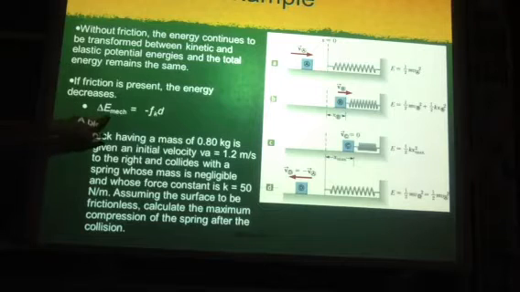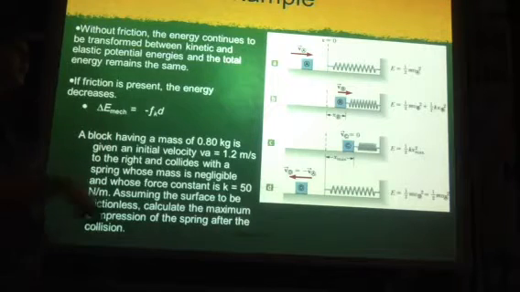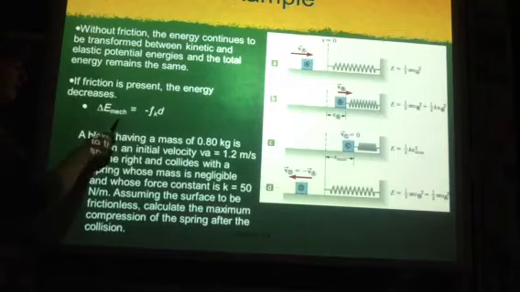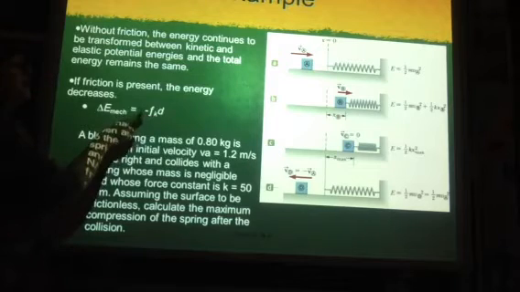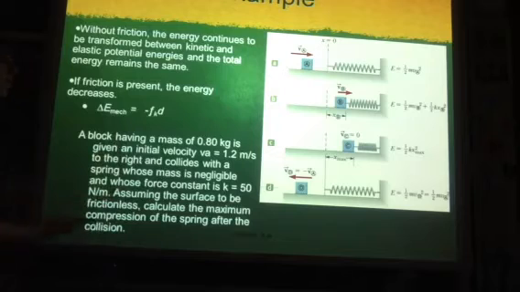So my change in mechanical energy, which is just the sum of the kinetic energy plus the sum of all of the potential energies, is equal to negative Fk, which is just my force of friction, times the displacement. So if we have friction present, that's what we're going to have to use here.